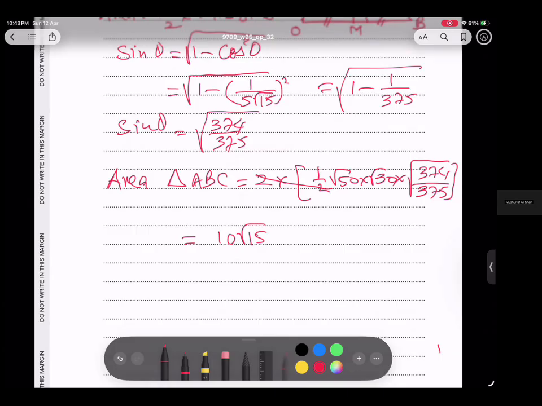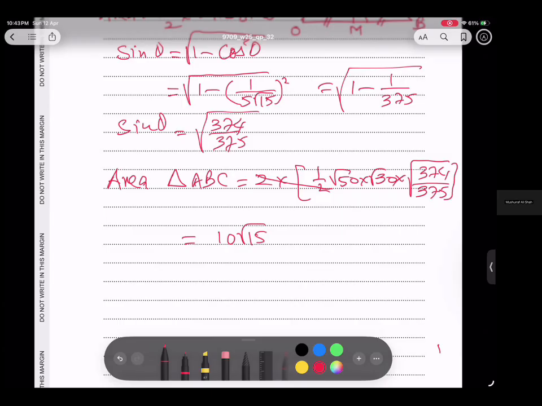If it gives the exact answer, then okay. But the problem is it is not giving the exact answer. So we have to do it again. Root 30 into root 50, we are getting here 10 root 15. And what about the other one?